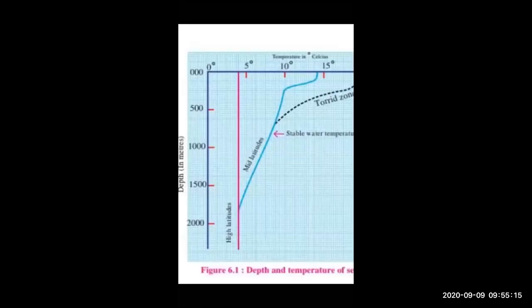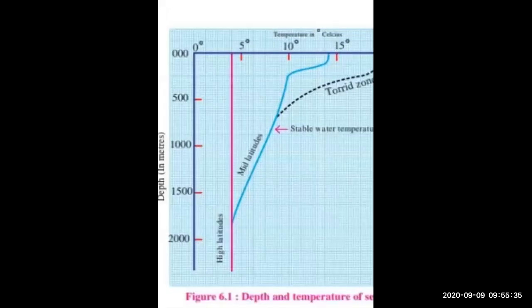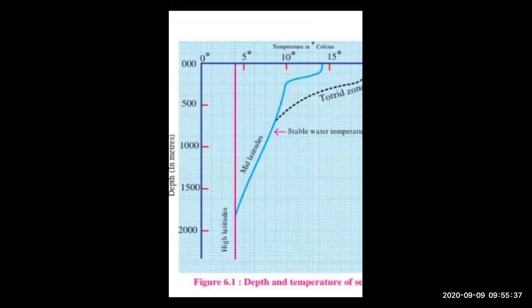Whenever the sun rays try to enter from the equatorial region to the polar region, at the polar region the water is at a greater depth, and in the equatorial region, at a 2000-meter depth, the water is at a greater depth.